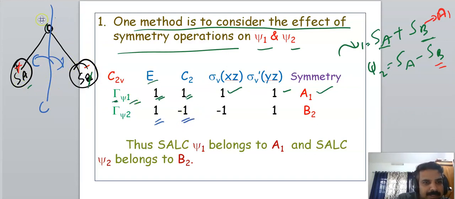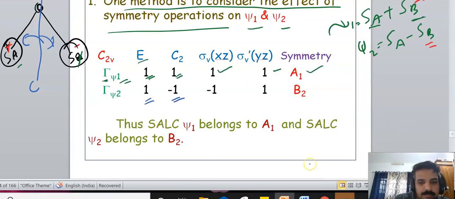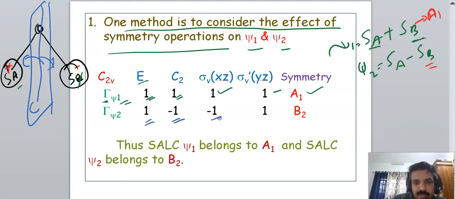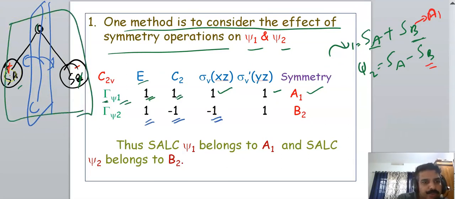Sigma v xz plane is this one. Here also plus and minus interchange, therefore the character is minus 1. Sigma v yz plane is this molecular plane. There is no change in sign, therefore it is 1.